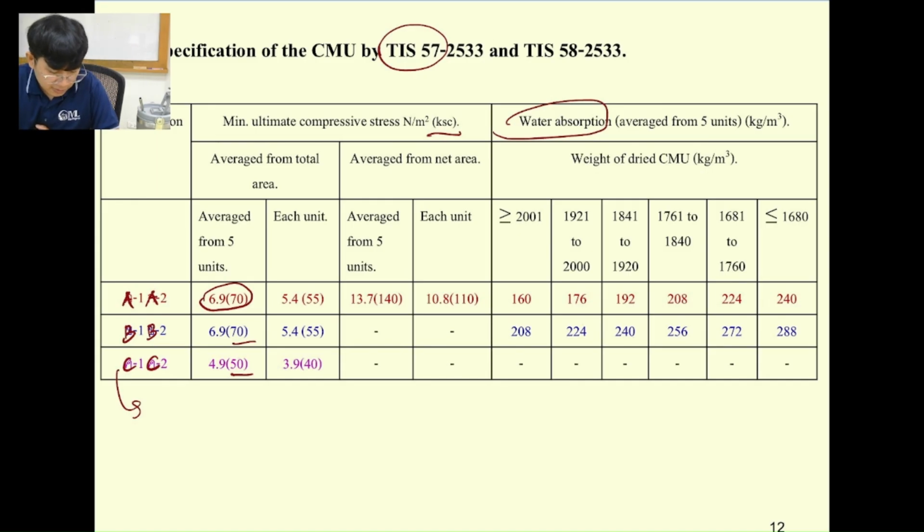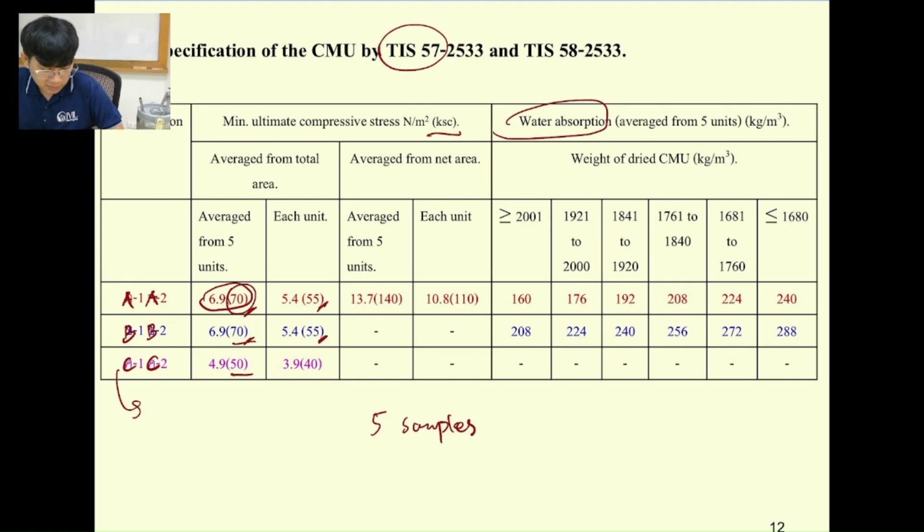The minimum is 55 KSC if we test 5 samples. If we pick 5 samples of the concrete block to test, each concrete block is supposed to receive higher than 55 KSC, with an average force of 70 KSC.